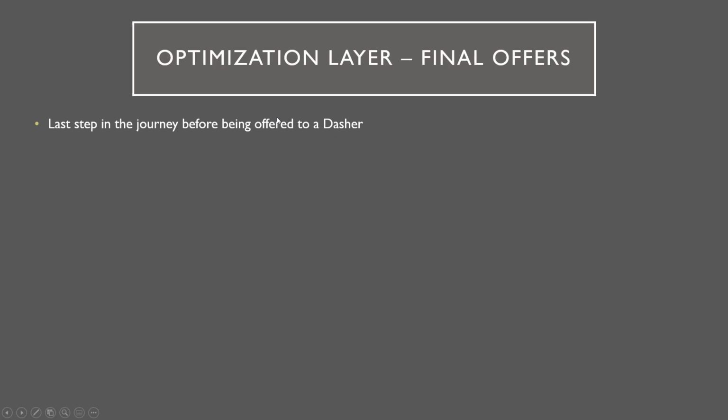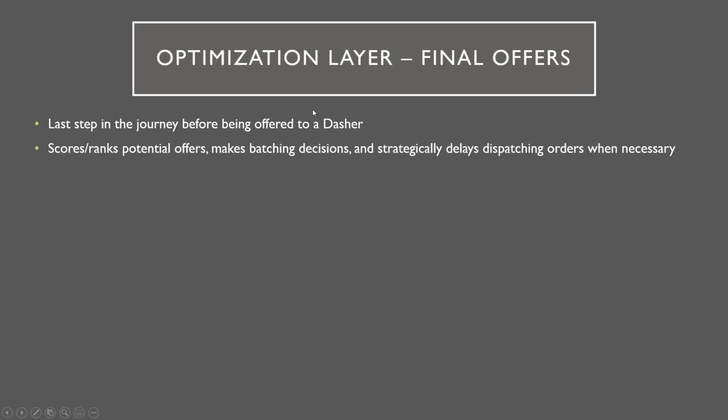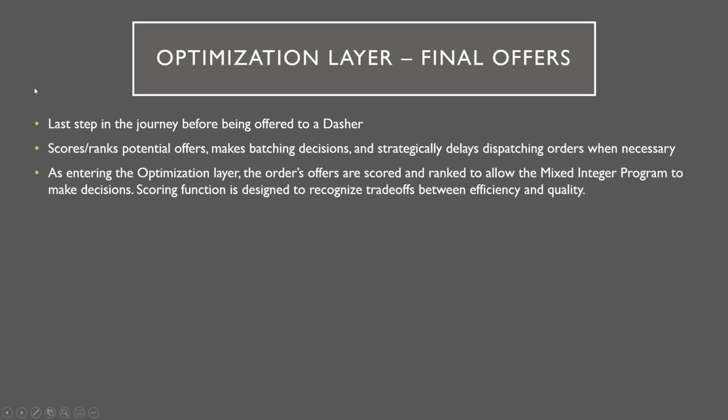The last step in the journey before being offered to a dasher scores and ranks potential offers that come from the machine learning module, makes batching decisions, and strategically delays dispatching orders when necessary. As entering the optimization layer, the orders' offers are scored and ranked to allow the mixed integer program to make decisions. Scoring function is designed to recognize trade-offs between efficiency and quality. They want both, obviously.